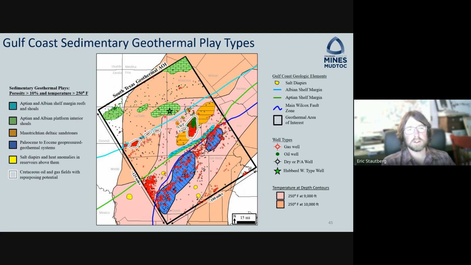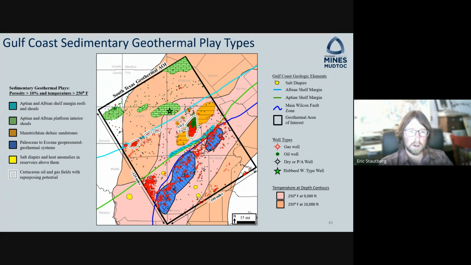That's where I'm starting to see some of the porosity development in those Cretaceous carbonates. In gray here, these are these fields that I just talked about that we could potentially repurpose in different Cretaceous formations. This orange polygon is part of that almost delta system. So this would be kind of down dip and off structure from AWP field. Can we go after some porosity and potentially use that hot brine to make electricity down here?